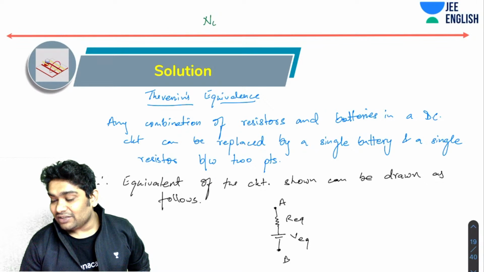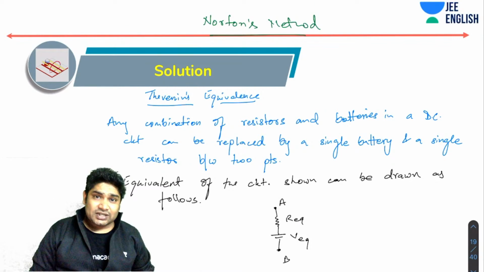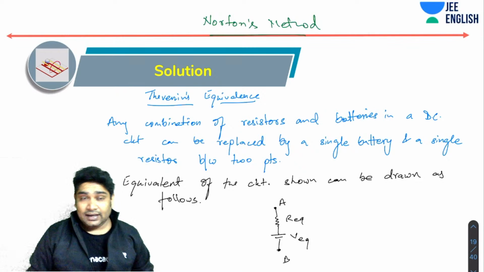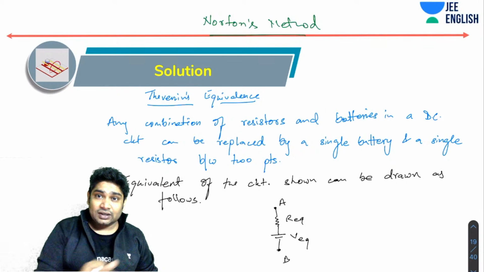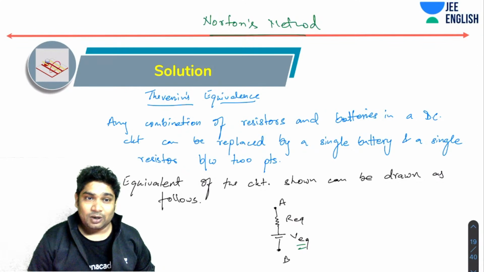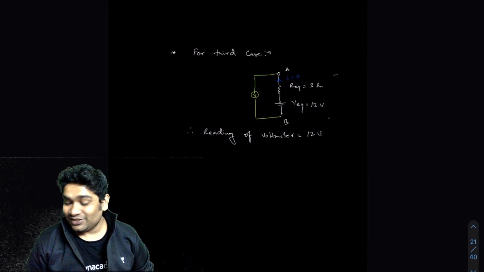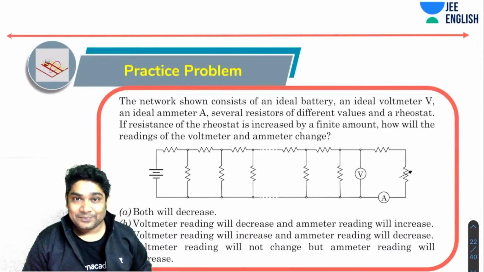It is a very similar method. Thevenin's equivalence and Norton's method, both are very similar approaches. They talk about replacing an entire circuit with a single source. This tells you about a voltage source, and that tells you about a current source. Okay, all right. So if that is clear, should we move ahead?